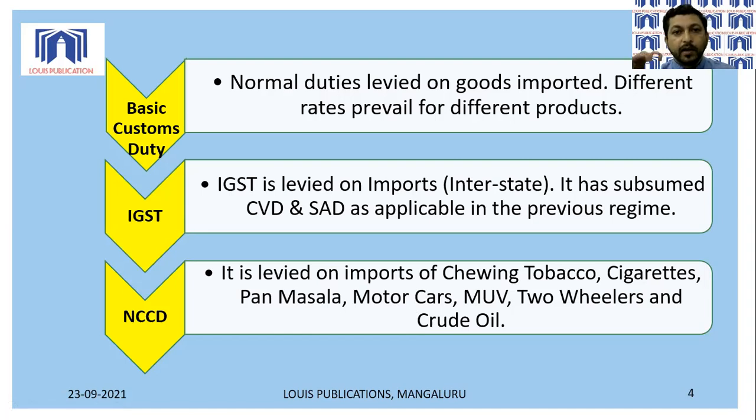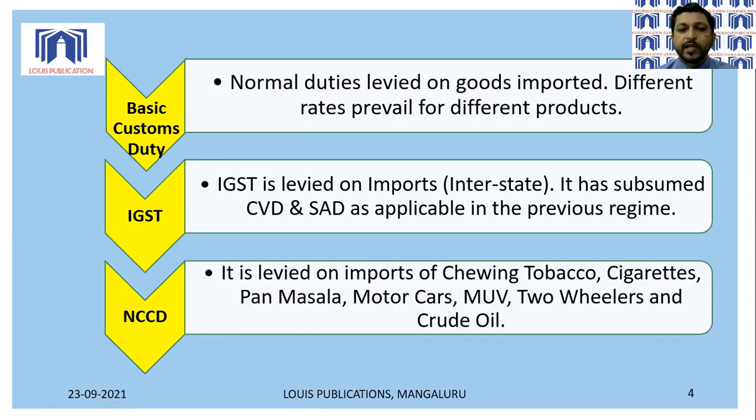And if that particular product imported doesn't fall in this list of NCCD leviable items, NCCD need not be levied, because items on which NCCD is levied are very, very specific. You can see those items on the screen: chewing tobacco, cigarettes, pan masala, motor cars, MUV, two-wheelers, and crude oil.